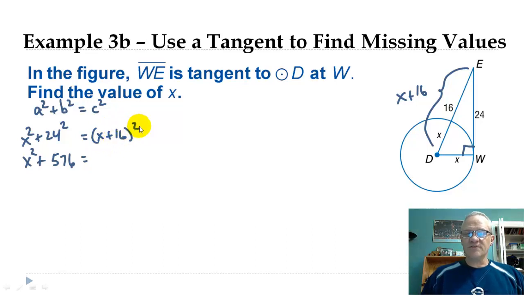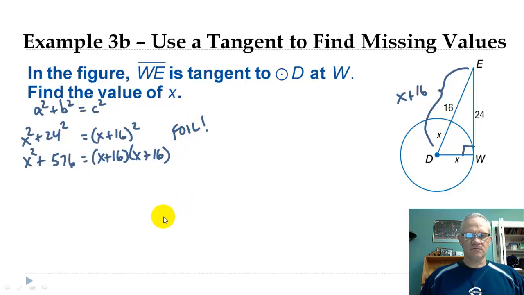Whenever we're squaring something, it means take it and multiply it by itself. So what I'm going to multiply by itself is x plus 16. So write it twice. X plus 16 times x plus 16. When you have two parentheses like this, what are we going to do? We are going to FOIL it. Okay? So x times x is x squared. That's this one.